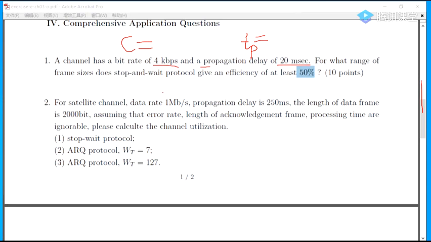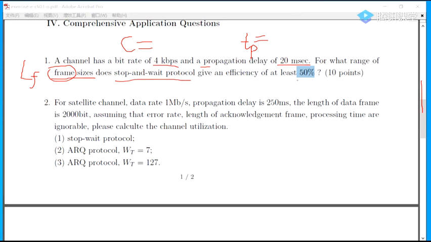We ask for what range of frame size, which we denote by capital L_F. This is the stop and wait protocol.